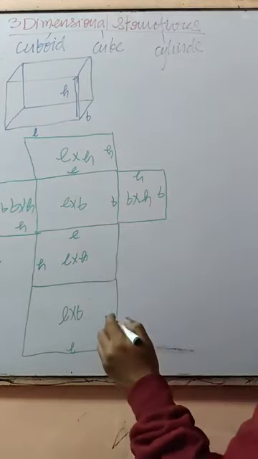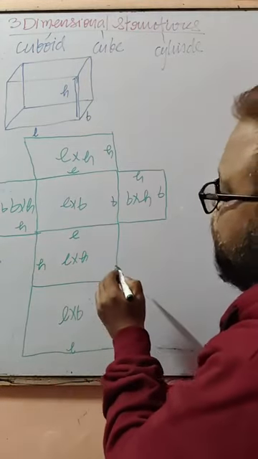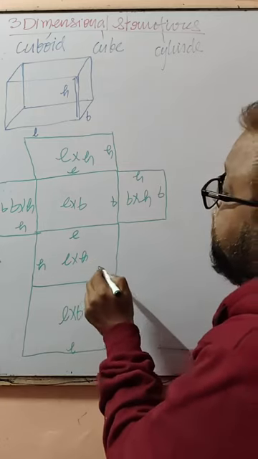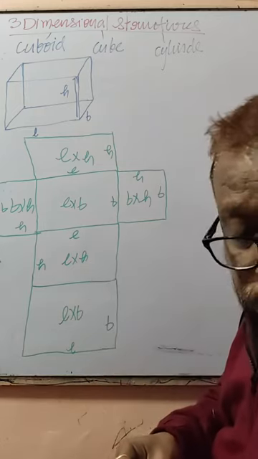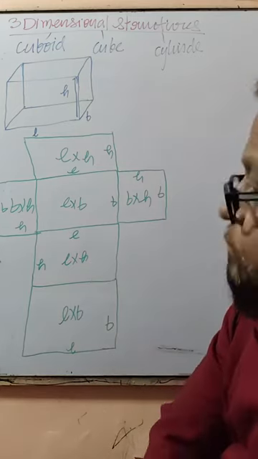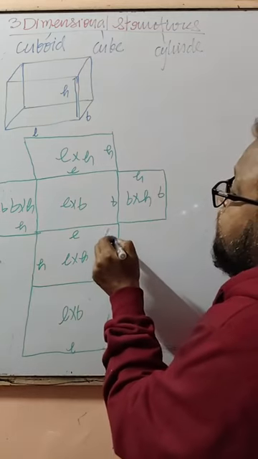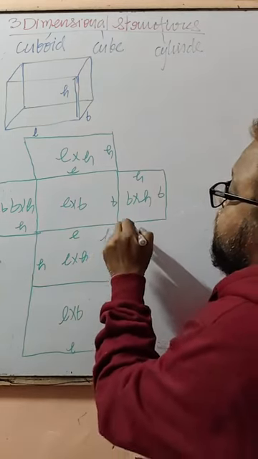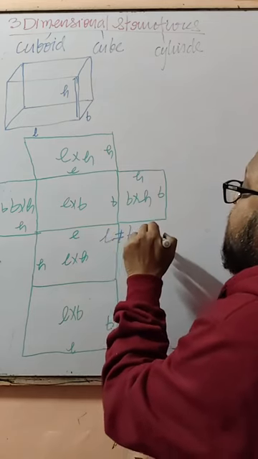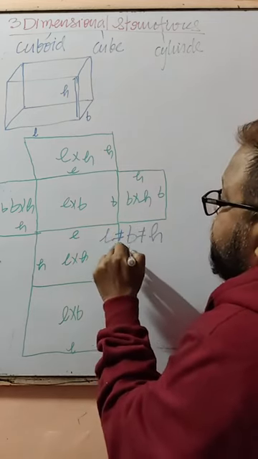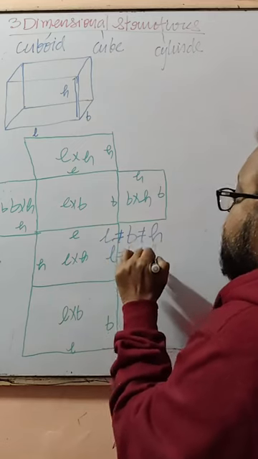तो now this is called cuboid. क्यूबॉइड में length is not equal to breadth is not equal to height. If length is equal to breadth, but not equal to height.